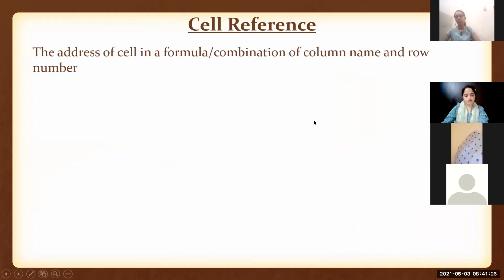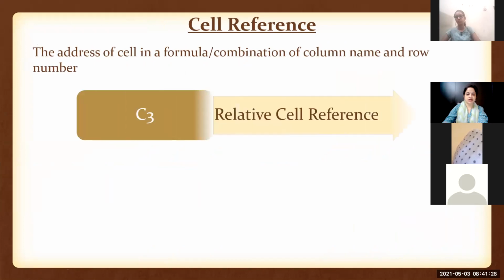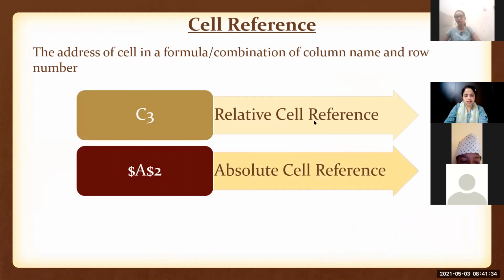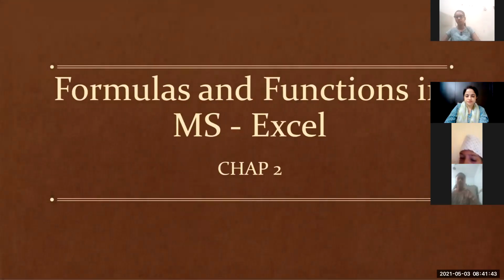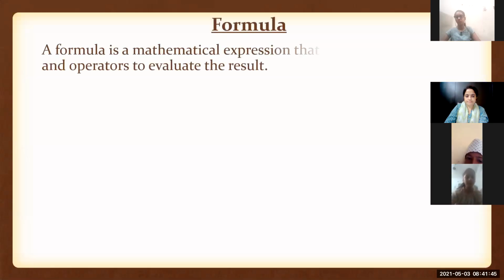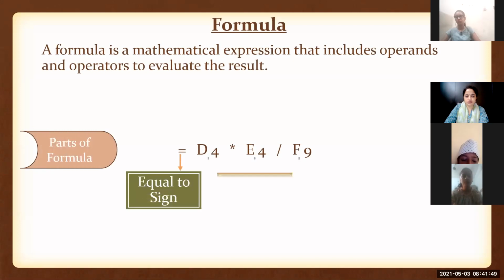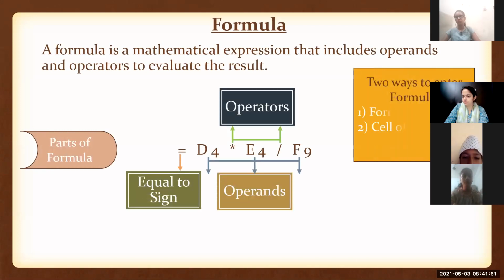There are three types of cell reference. Cell reference means the address of a cell. Or you can say cell address is a combination of column name and row number.